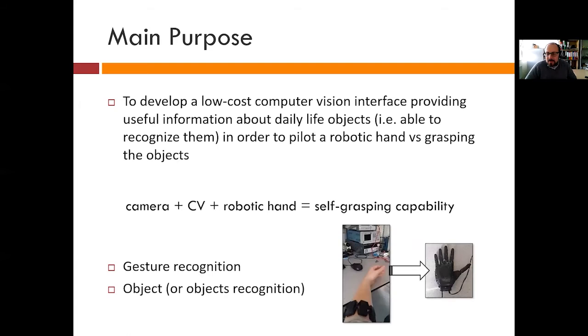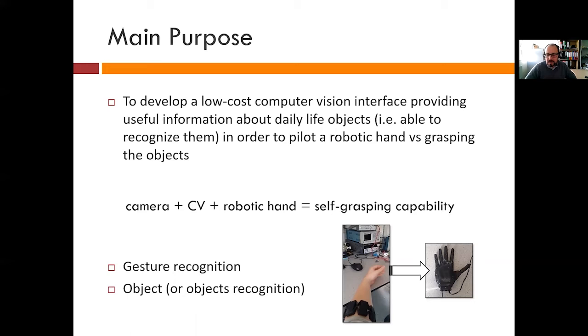Brutally speaking, we want to develop a low-cost computer vision interface which provides useful information about daily life objects. So what we want to do is to get a system that can recognize objects, but not only objects. We look also at gestures. And then we try to use this information in the future on a robotic or prosthetic hand, in order to pilot the hand towards grasping an object, for example.